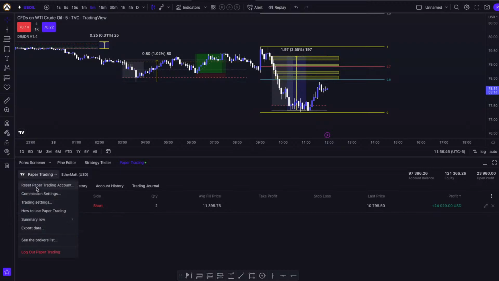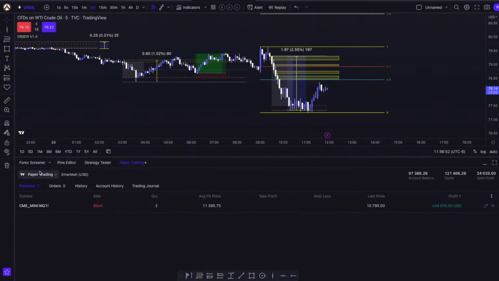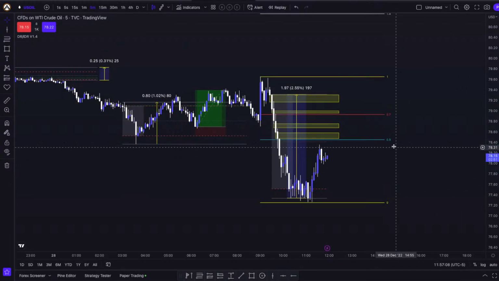You can basically reset your paper trading account by clicking here. You can modify your commission settings and everything to really simulate your live trading environment. You can export your data and everything, and basically practice a little bit on a demo account while executing everything on TradingView, which is really handy.